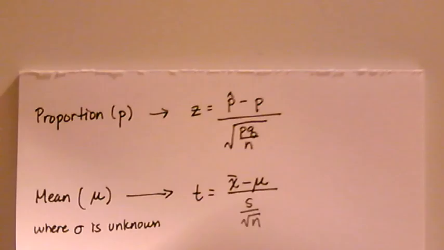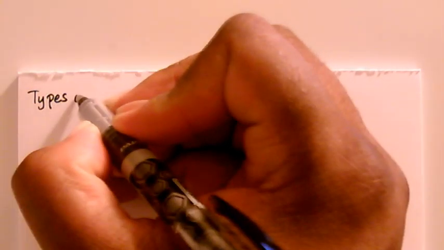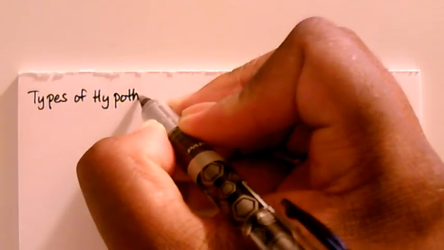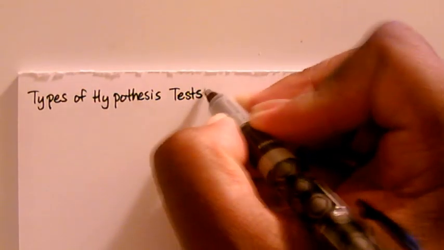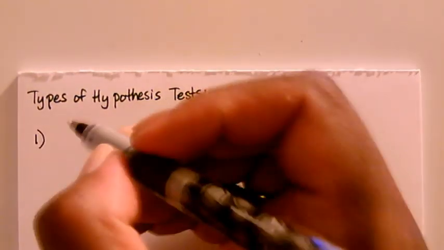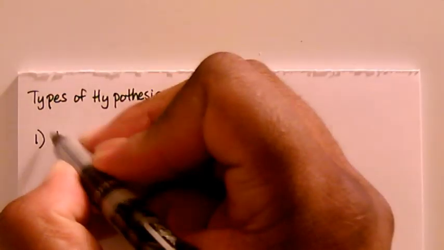And also there are 3 types of hypothesis test. So let's look at the types of hypothesis test. The first one, and there are 3 of them, is a two-tailed test.